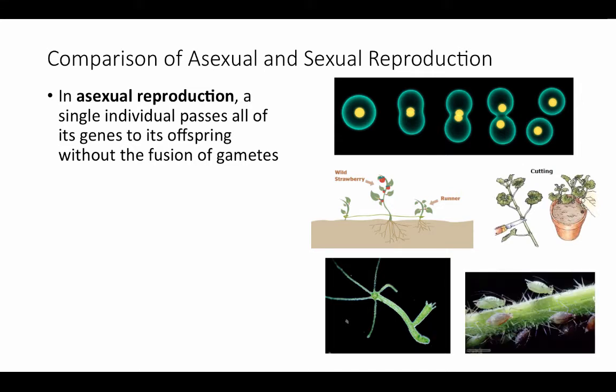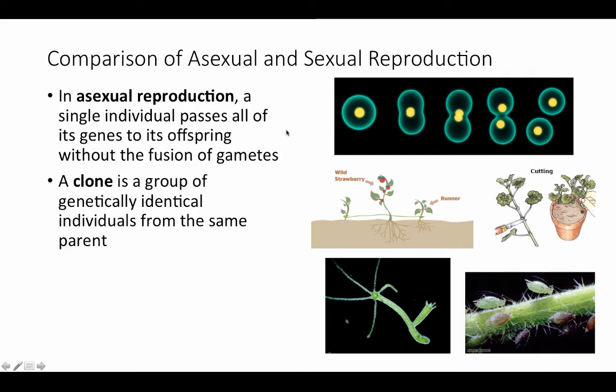And there are other animals such as the aphids that you see here, and even some vertebrates such as some lizards and amphibians can reproduce asexually through a process called parthenogenesis, where a female is able to produce offspring without any fertilization of eggs. So a clone is a group of genetically identical individuals from the same parent.